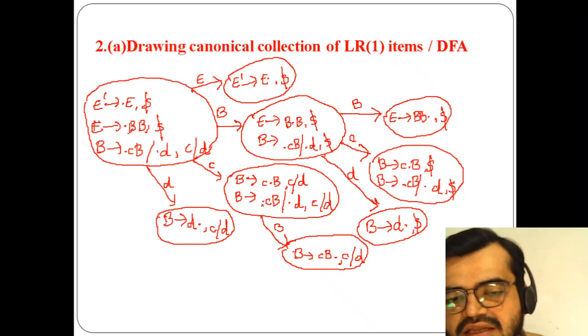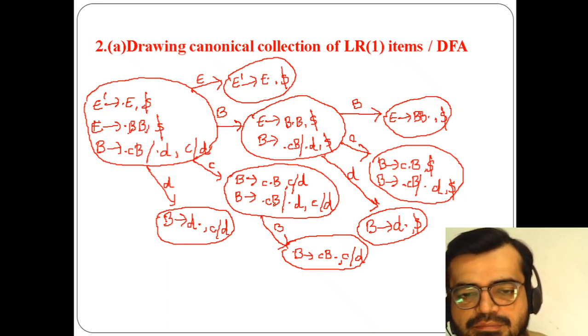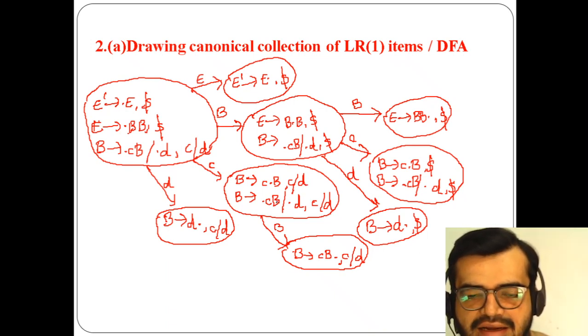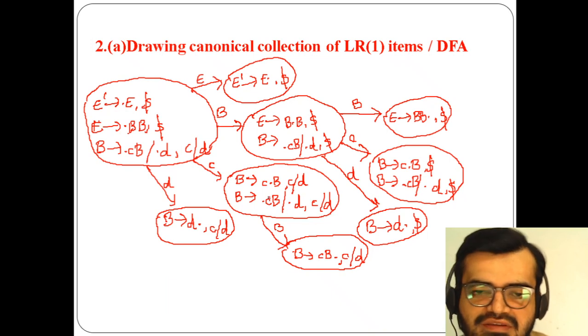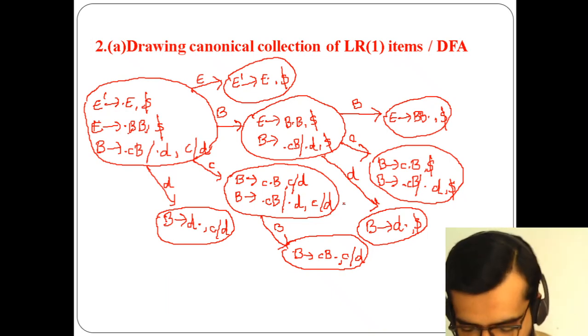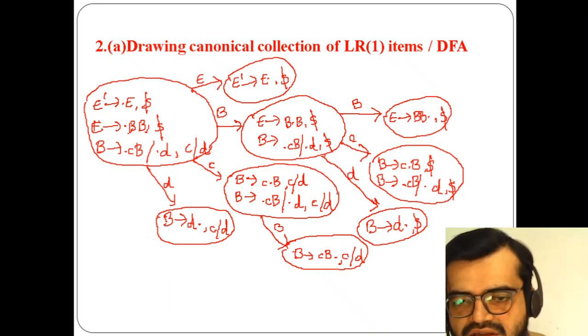For the next one, if I am using C here, so C dot B, that means C or D, and again this production will come. That means the same thing will come. So for that, what I have to use is C. So the same state when I'm using C here.